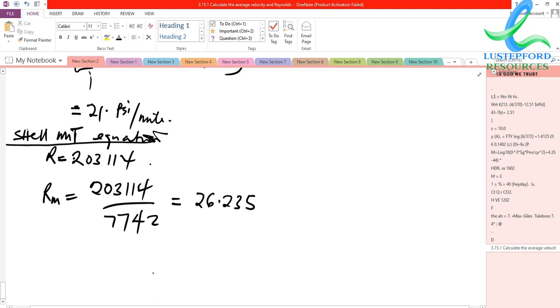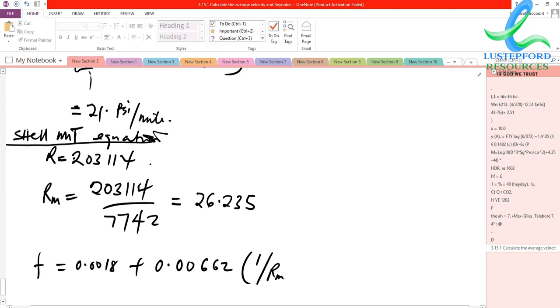So the friction factor for turbulent flow should now be 0.0018 plus 0.00662 times 1 over Rm raised to power 0.355.